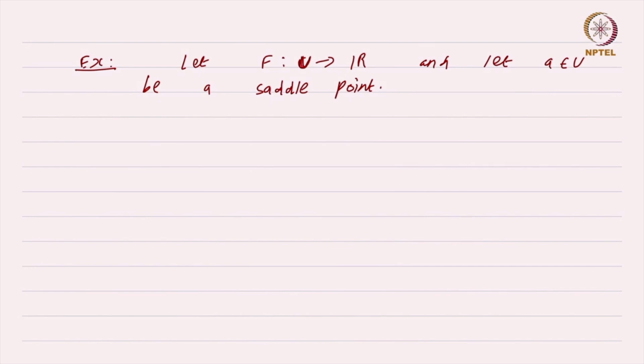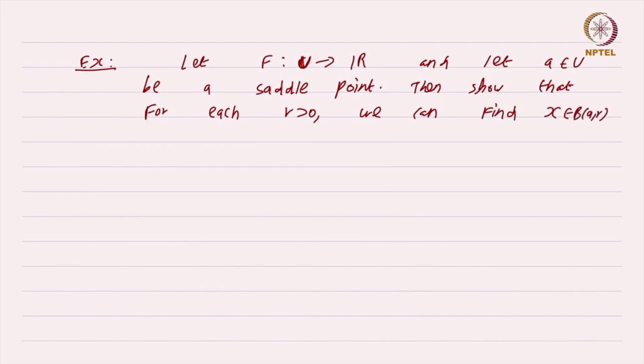Then show that for each r greater than 0, we can find x, y in B(A,r) such that f of x is less than f of A is less than f of y.